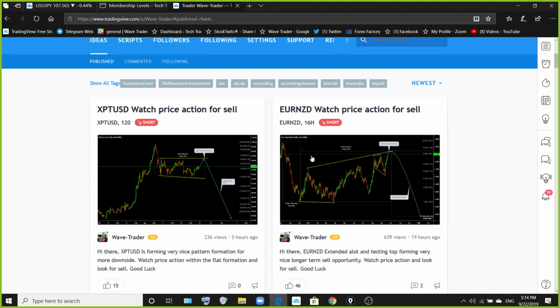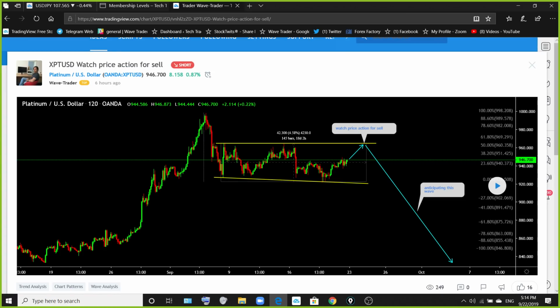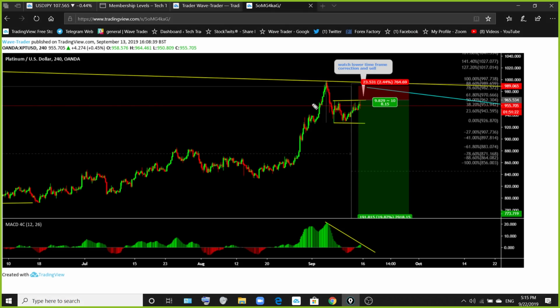Another good opportunity is also there on the platinum. We were already having a short setup on the platinum. Let's look at this chart. We are looking at the same trade again.